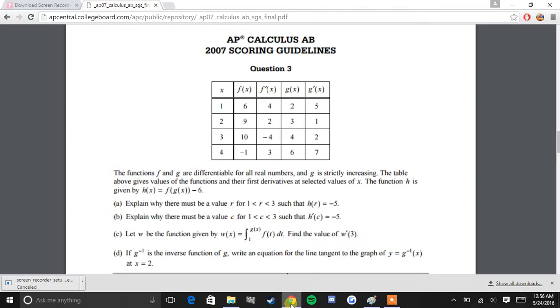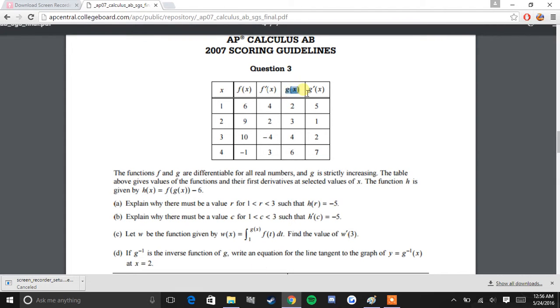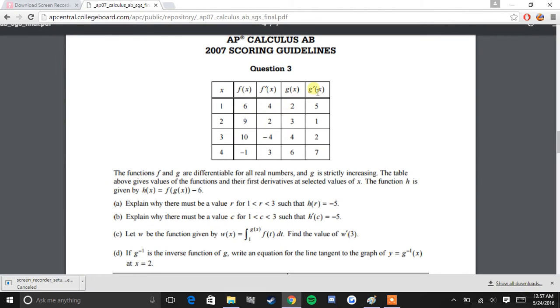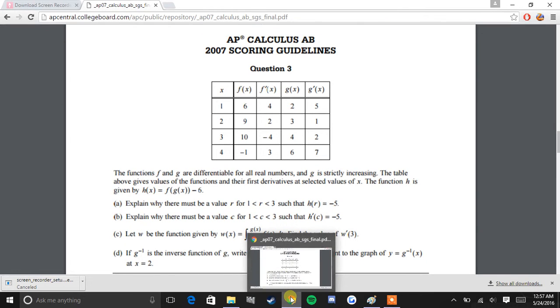We look at what g of 3 is on the table. G of x at 3 is 4. So it's going to be f of 4, and we still have to multiply that by g prime of 3. We look at what g prime of 3 is on the table. G prime of 3 is going to be 2. So we plug in 2.